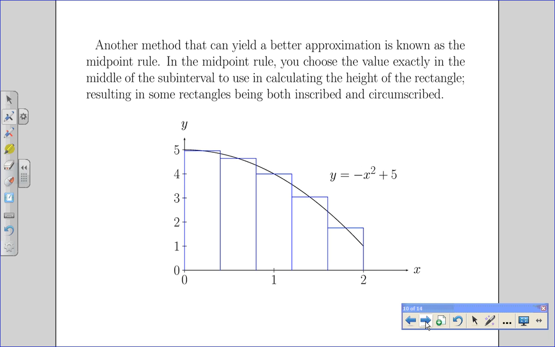So if I pick midpoints, I'm going to get an even better estimate, because on each of these rectangles I get a little bit under and a little bit over, and a little bit under and a little bit over, and so on. And these errors, while they don't cancel each other out exactly, they do cancel each other out somewhat. And so this is going to be a much better estimate than either the left or the right.